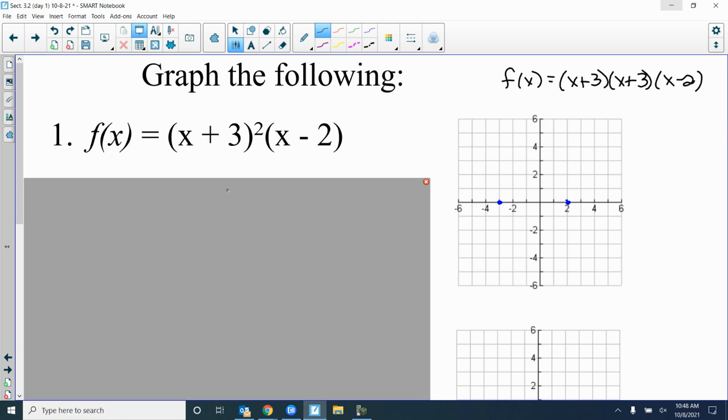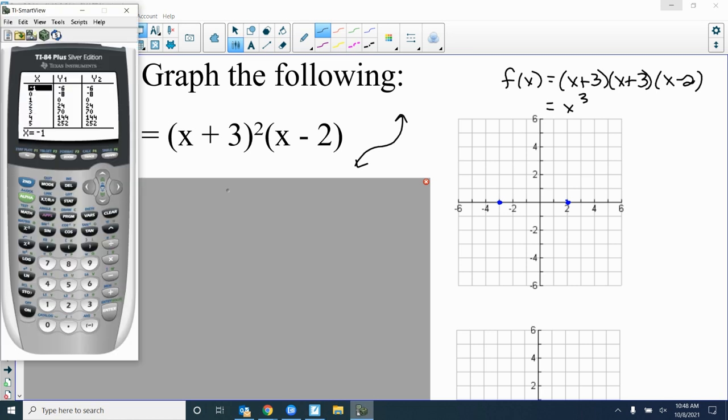Yep, 3. It would be an x cubed. So it has to be 3rd degree. It would be a positive x cubed, so the end behavior would have to look like this. And now we know it's going to hit here. So when you graphed it, okay, y equals, clear that out.